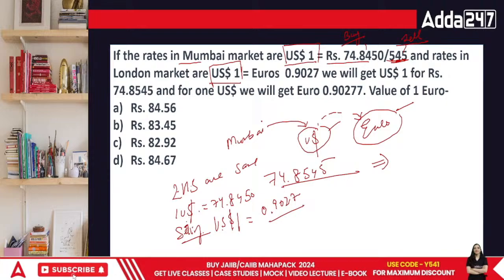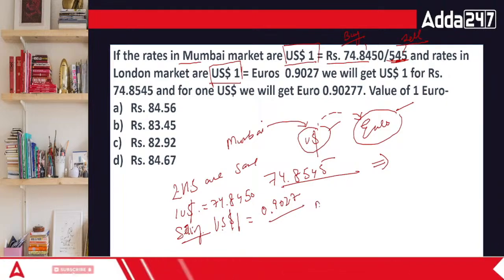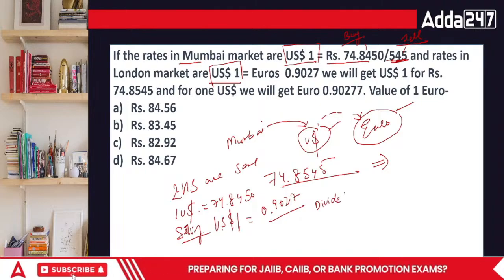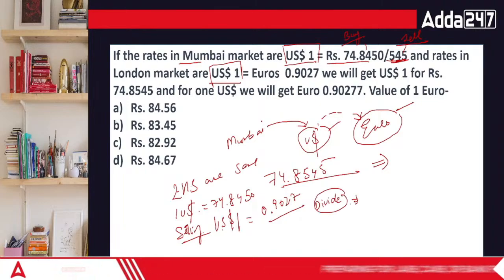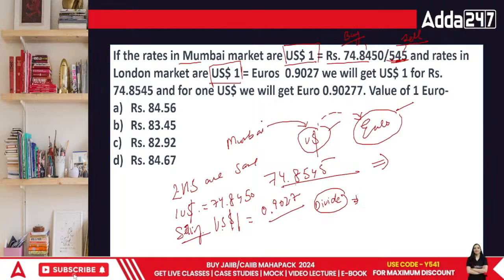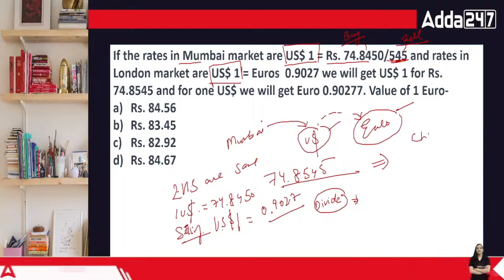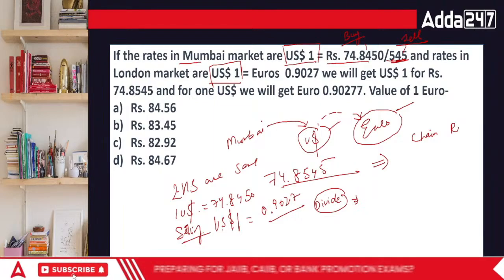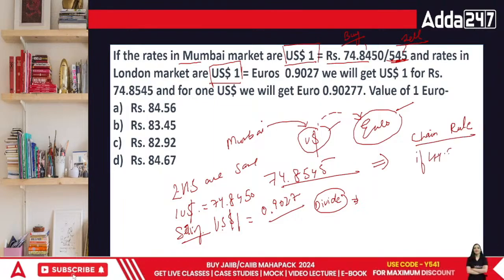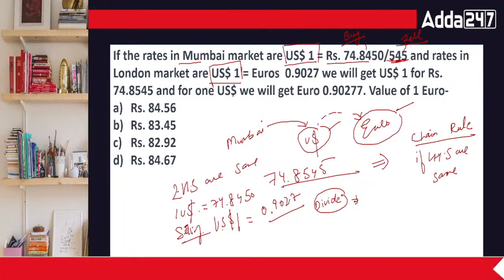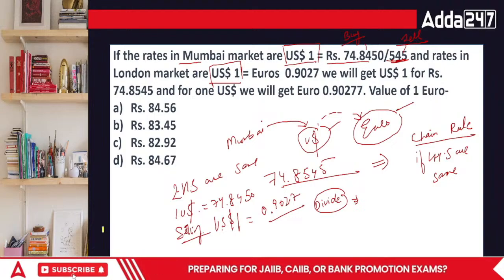So what's going to happen in this area is we will just divide it. How do we divide it, everyone? When LHS is the same, this is the chain rule. Chain rule says if LHS are the same, can you see in this case both the points?